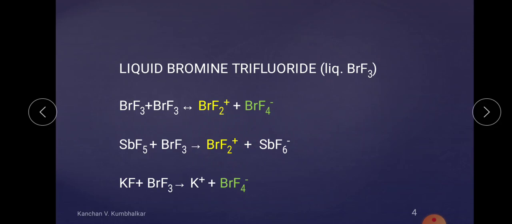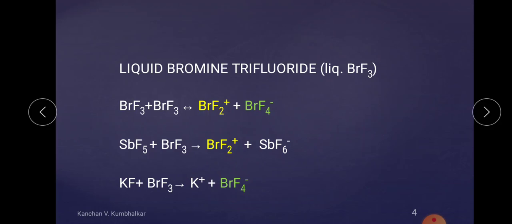The other one is KF. When KF dissolves in BrF3, there is a generation of K positive with the formation of BrF4 negative. On the basis of the definition, KF acts as a base.